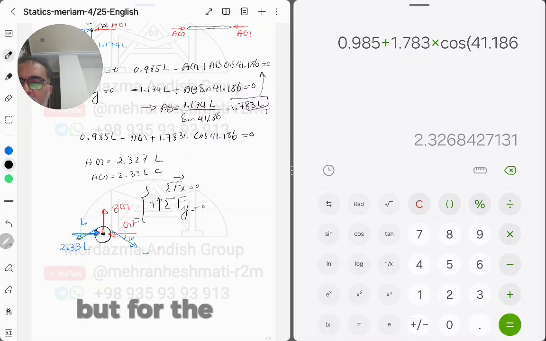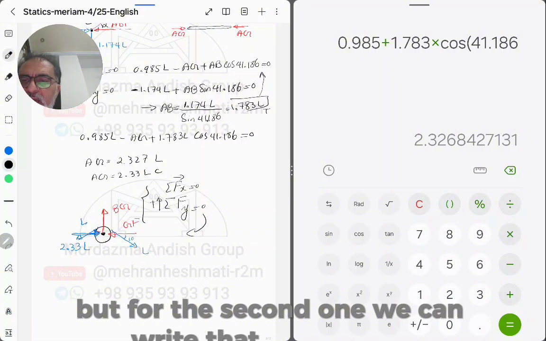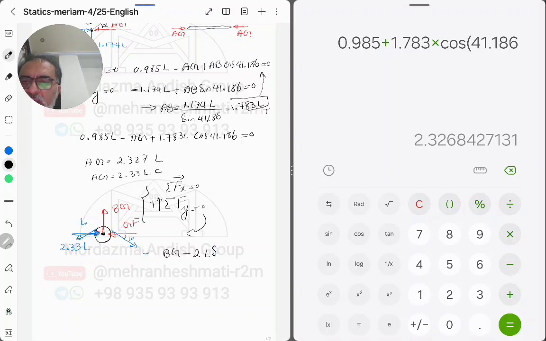But for the second one, we can write that BG minus 2L sine of 10 is equal to 0.